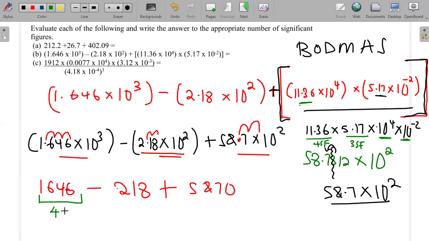Okay, so the number that we have now, this one has how many significant figures? You can see 4 significant figures. This one, how many significant figures does it have? It has 3. And then this one? It also has 3 significant figures. But our interest here, since we are adding and subtracting, is actually in the number of decimal places.